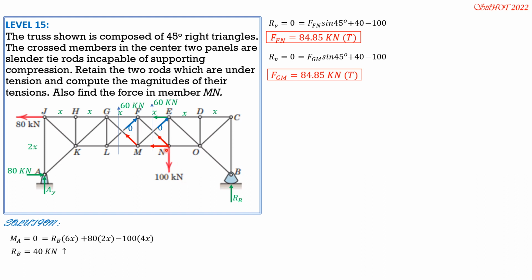And finally, for FMN, let's go back to this section here. We sum up moment about F so that Fn acts there. We can also have summation forces X instead, but let's just have moment F equals 0. So clockwise positive.